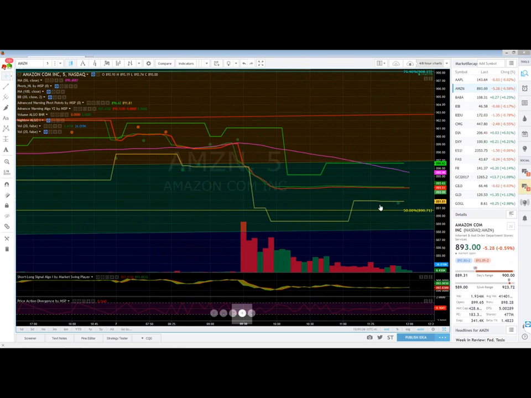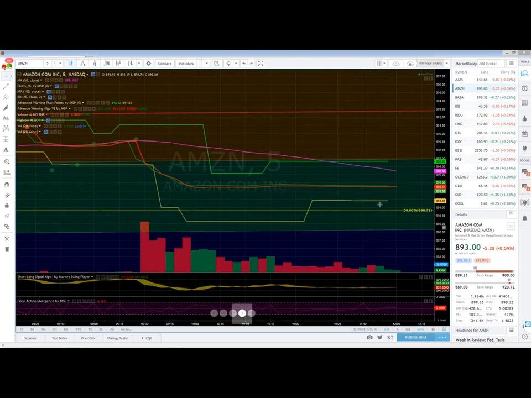What matters is price near support or resistance. And here we can see a new pivot point, which is gold. So we know that is support. We can see the pivot point up here, and we know the lime green is resistance.